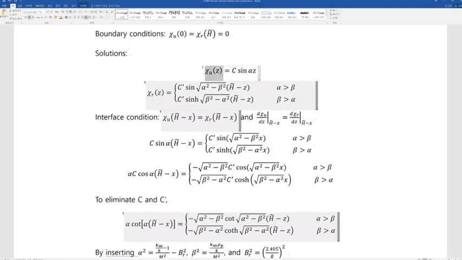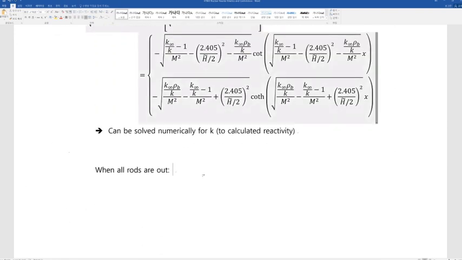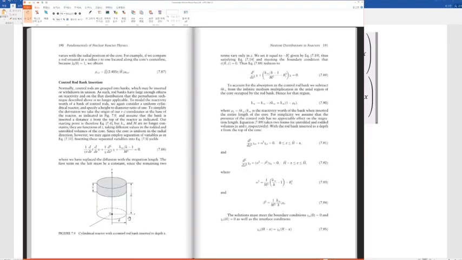Okay. Let's see our figure 7.9. When all rods are out, in other words, when x equals 0, that means the entire region is unloaded.